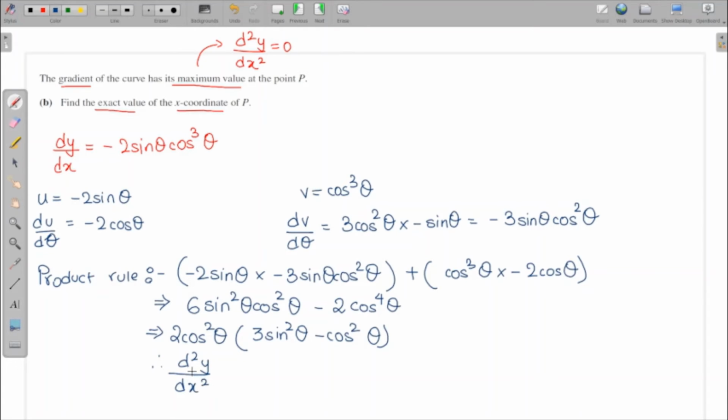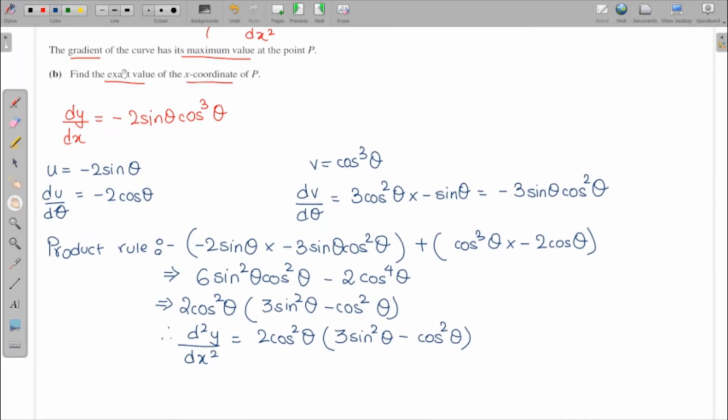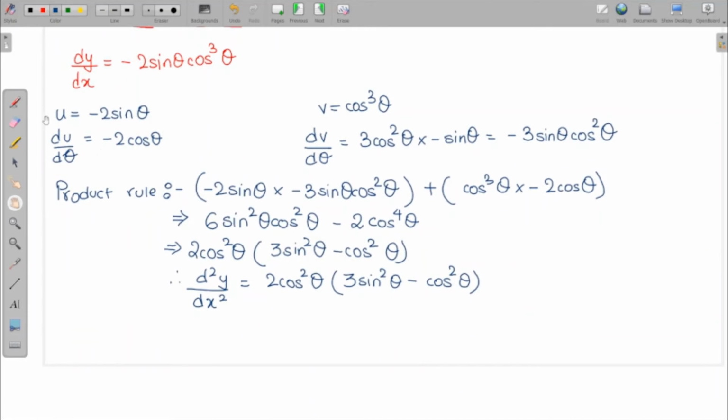So d2y by dx2 will be equal to 2 cos square theta bracket 3 sine square theta minus cos square theta, and at point P, when the gradient has a maximum value, this will be equal to 0. So at P, the second derivative will be equal to 0. So I can now equate this expression to 0.